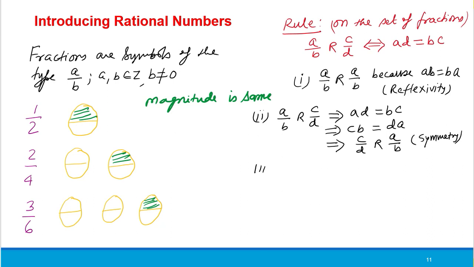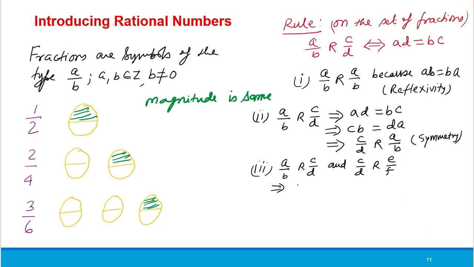And the third: a by b is related to c by d, and c by d is related to e by f.